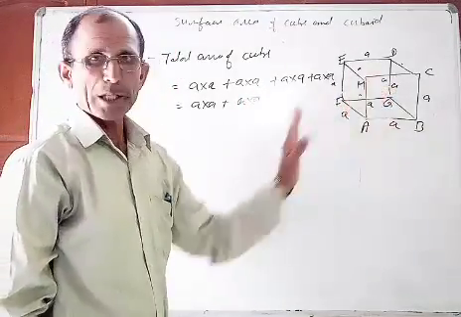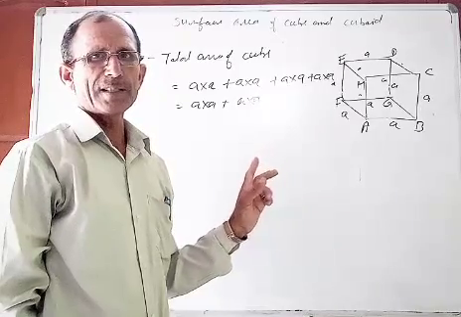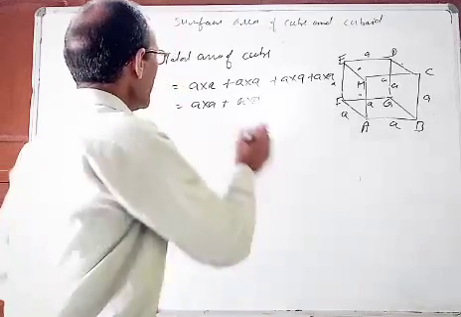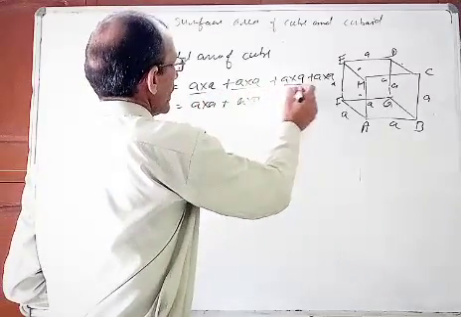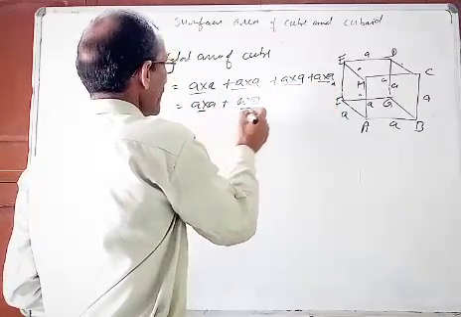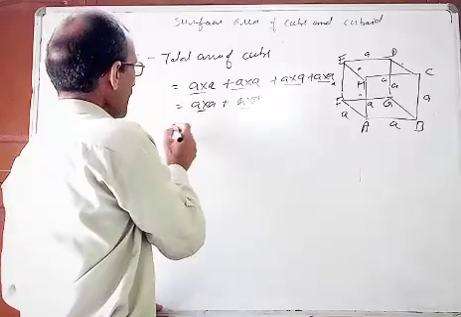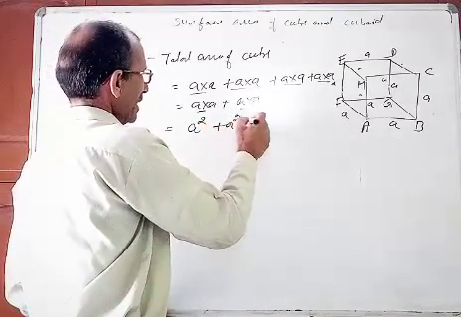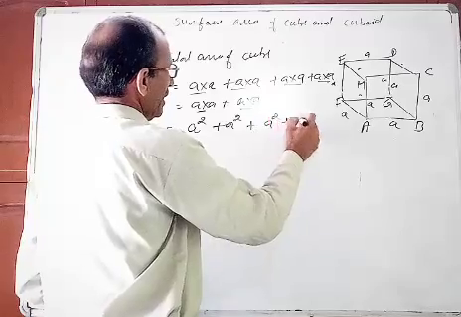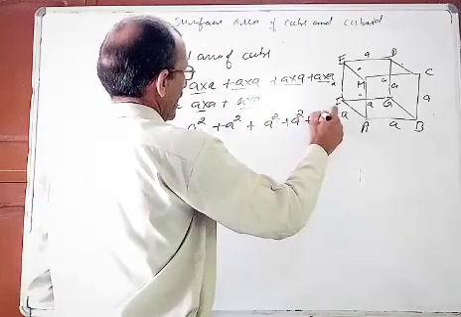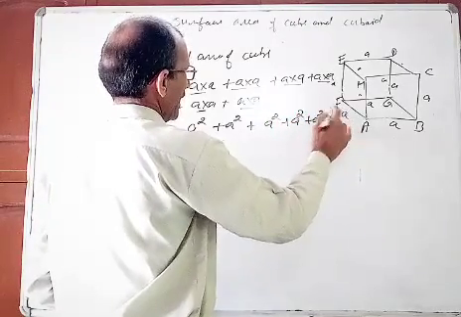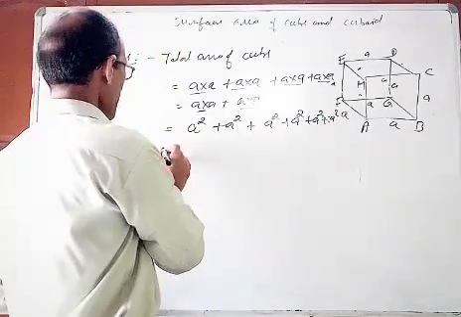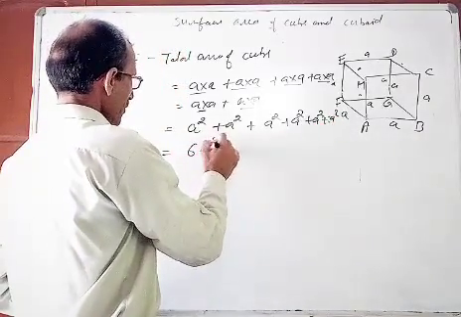So 6 faces and all the faces are square. So area of square is side multiplied by side. So 1, 2, 3, 4, 5, 6: A square, A square, A square, A square, A square and A square. So total will be equal to 6A square.